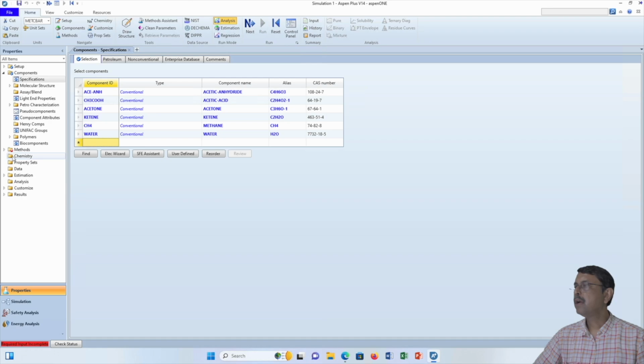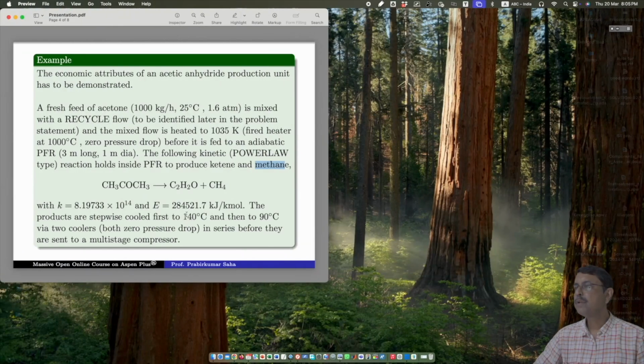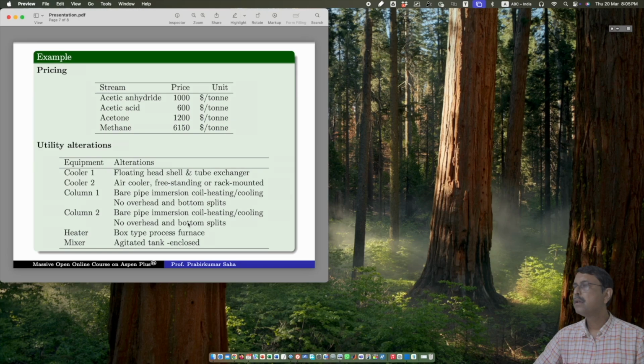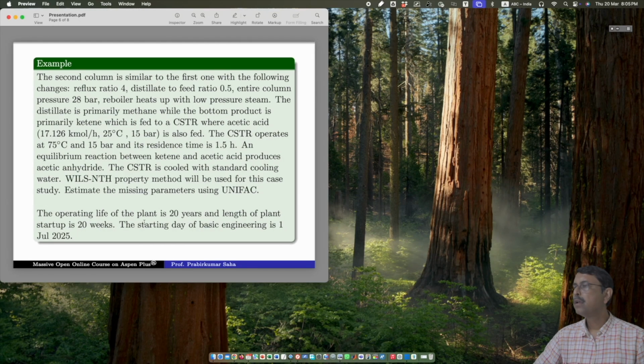Right. Now we have to choose methods. And if you remember the method, we have to use the Wilson NTH property method, and we have to estimate the missing parameters using UNIFAC.